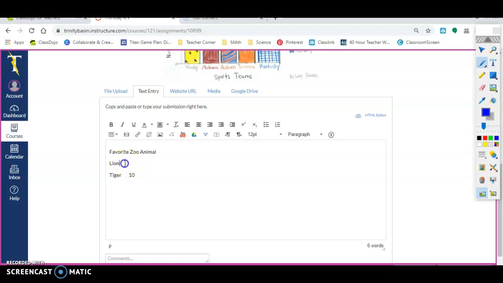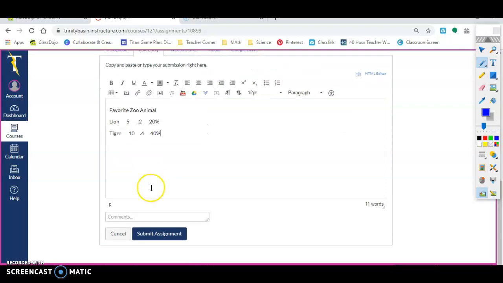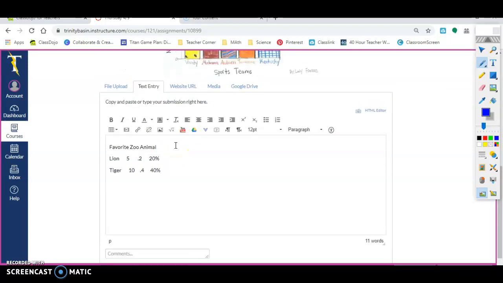So it's not completely impossible. It just won't have the color. Then you can put 0.4. Then you can go over and go 40%. So here I can still do what I'm supposed to do. 0.2, go over more, 20%. Okay, so here's still my chart. I can do it. The harder part would be doing the bar graph. You still got to figure out how to do a picture for me. So you're going to have to do that still.